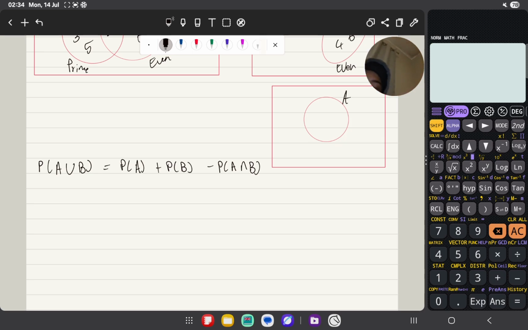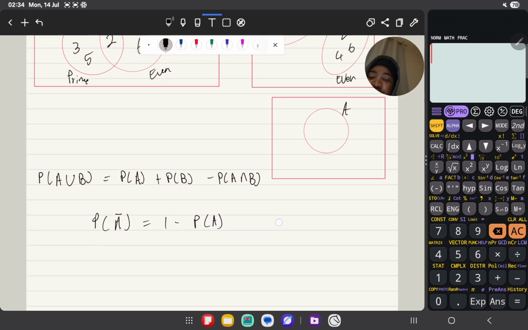So how we define complementary events, you'd say the probability of not A, you put a line on top to say not A, is 1 minus the probability of A, right?